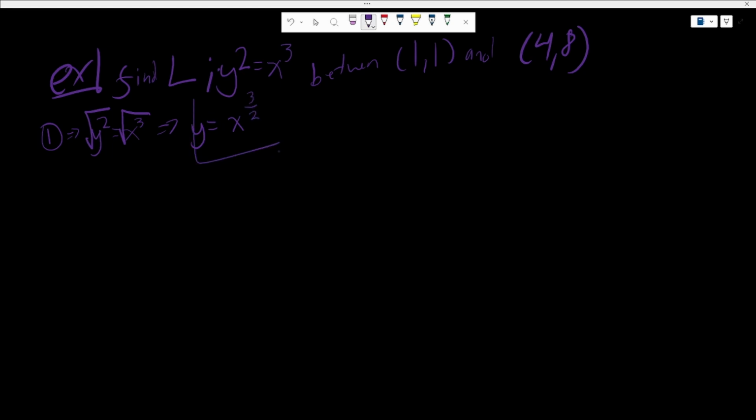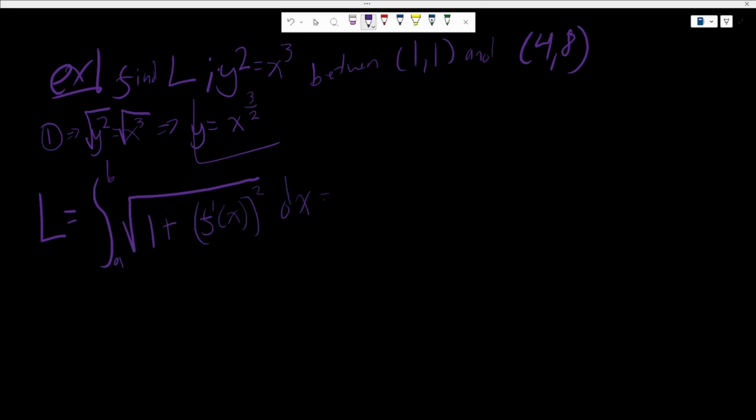Okay. So now we have our function. Let's write our arc length. So remember, our arc length is going to be equal to the integral from a to b of the square root of 1 plus our derivative of our function, f prime of x squared, dx.